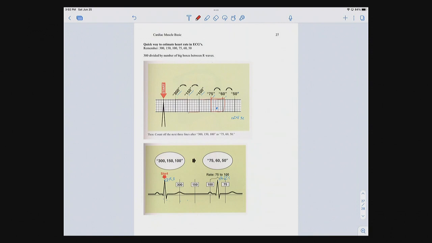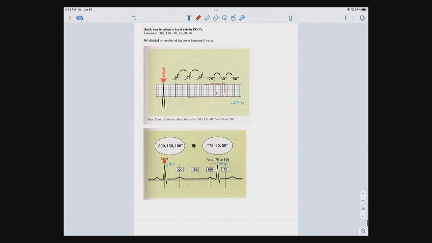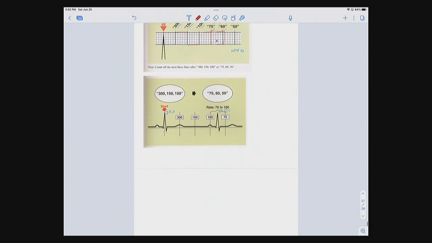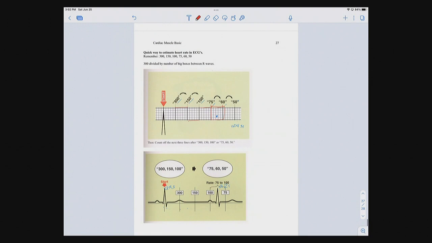The big boxes are easy to see on an ECG. What you're going to do is look for a QRS complex, and ideally find one where the R wave corresponds to one of these big box lines, like right there. Then you quickly look to see where the next one is, and you count big boxes.